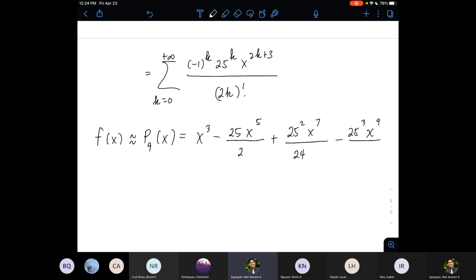And then we'll have 6 factorial, right? 5 factorial is 120, so times 6, so 720. Okay, there you go. This is your Taylor polynomial of degree 9. All right.